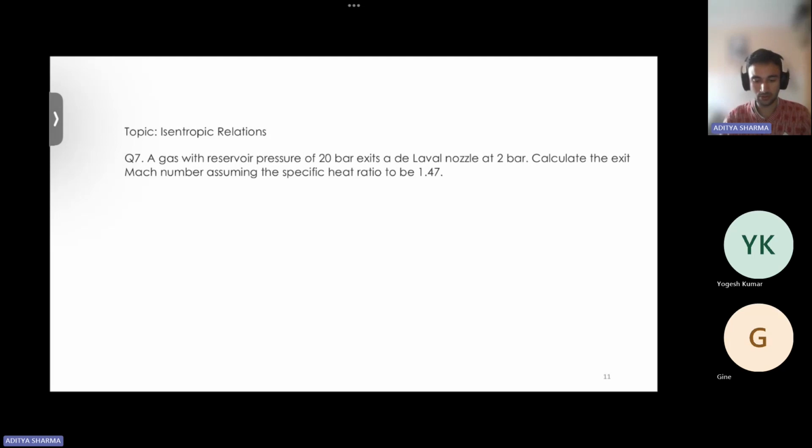Please just work this out. It is a very straightforward question based on isentropic relations, because in your assignments, questions number 7 and 8 are based on isentropic relations only. So it should also serve as a hint.